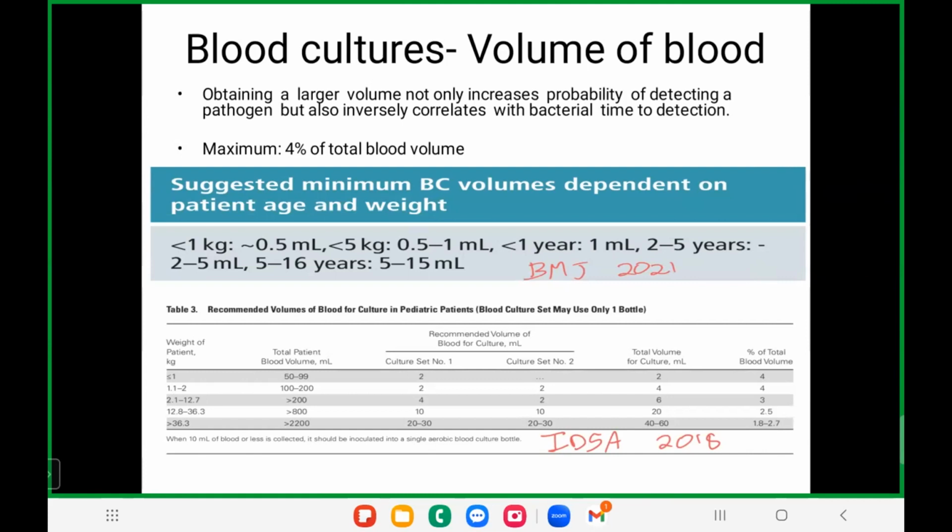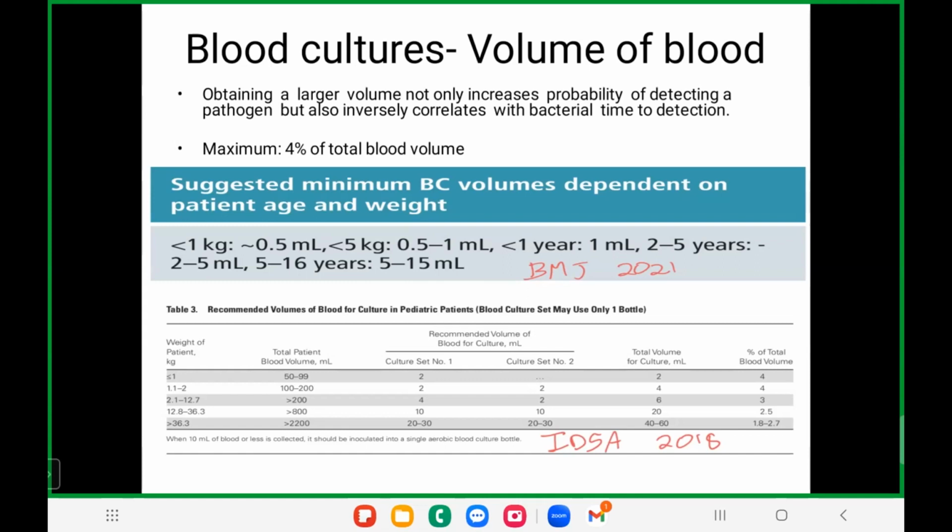Don't limit yourself to 1 ml or 2 ml. If you are able to get 10 ml, I suggest going for 10. If your culture bottles can accommodate 15 to 20 ml, go for it. So don't hesitate to draw the blood for blood cultures. The more the volume, the more likely the positivity of your blood culture.